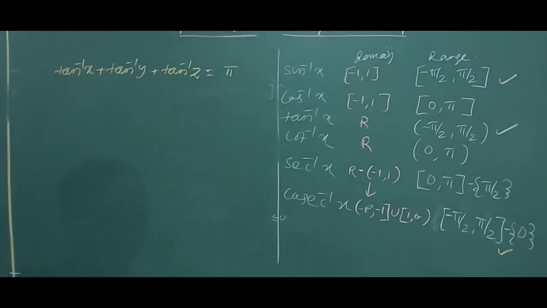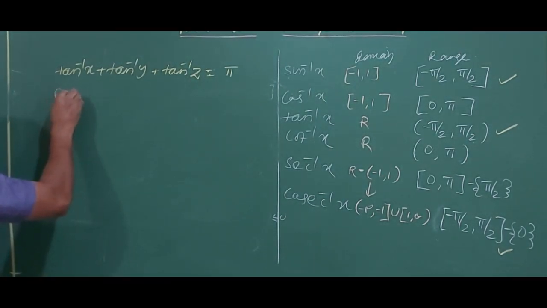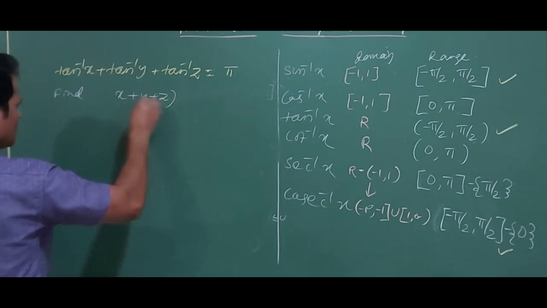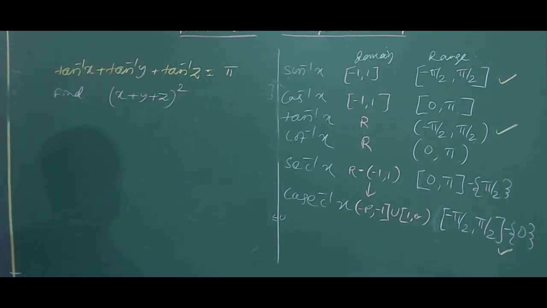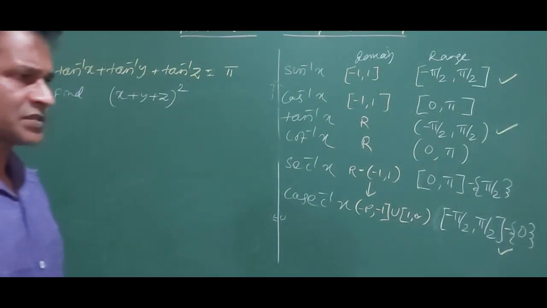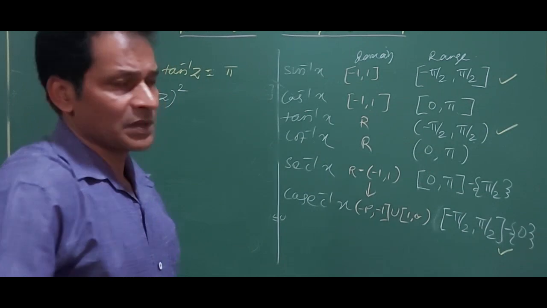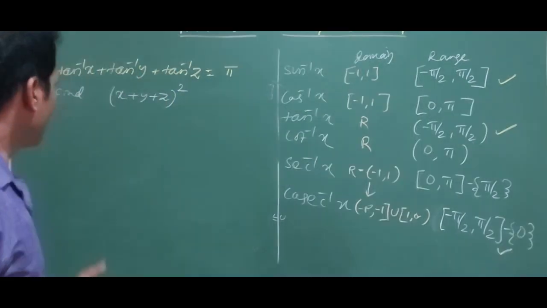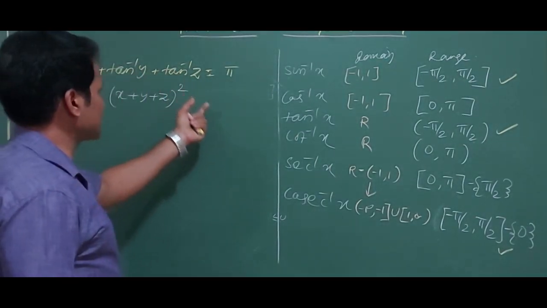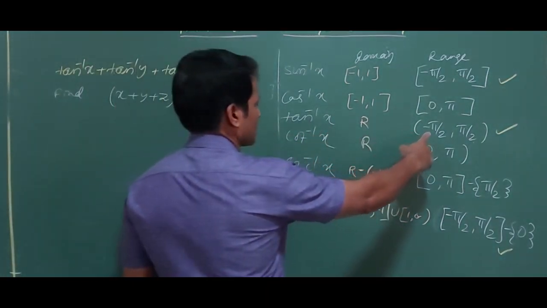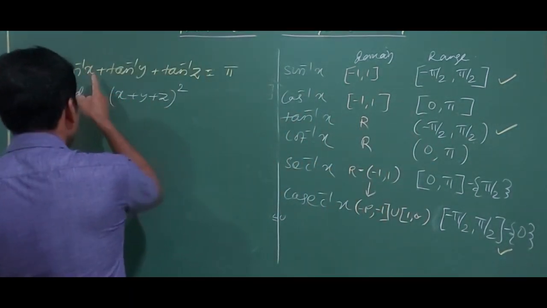Find the value of x plus y plus z whole square. Then I think about what I must substitute in these three places so that I get pi. But I know that tan inverse output is the range.